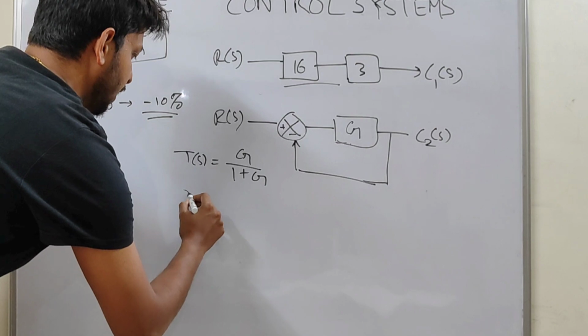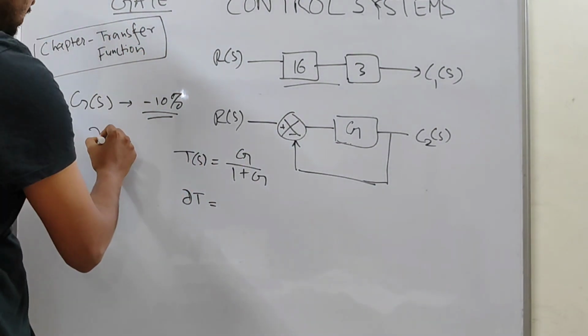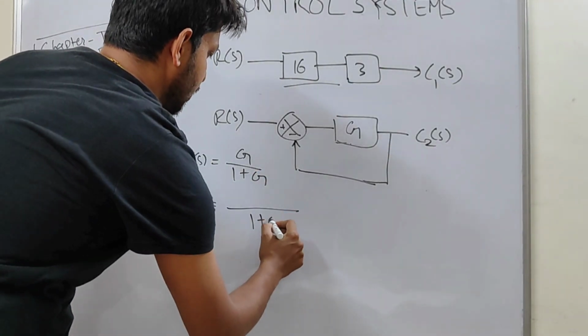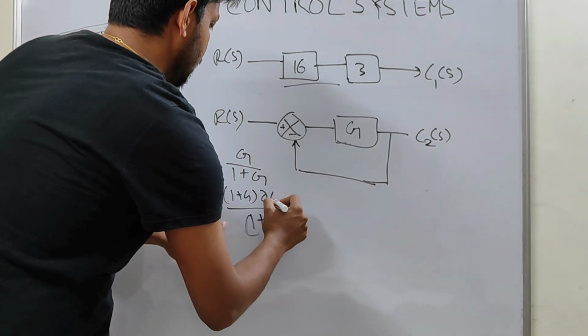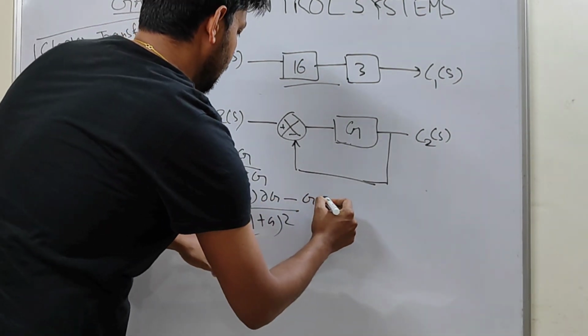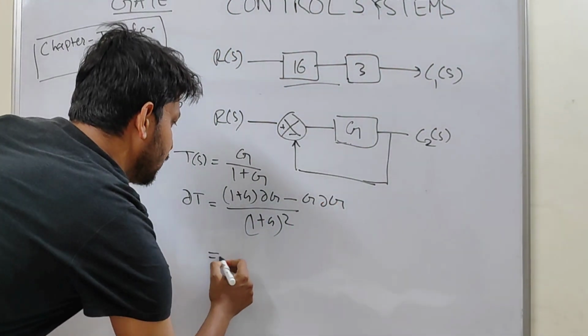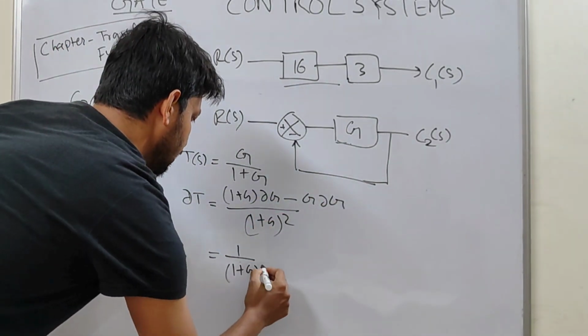So we are trying to find out delta T, okay, when there is change delta G. So you take a derivative of this, which becomes 1 plus G whole square in the denominator, 1 plus G dG minus G and then dG, right? So this will become 1 by 1 plus G whole square. This will get cancelled out, right?